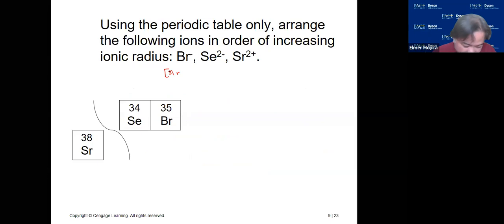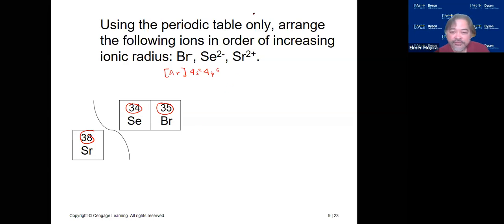Okay, so if I write this one, this is argon with 4s2 4p6, that electron configuration. So if we're going to arrange them, all we need to do is look at this.